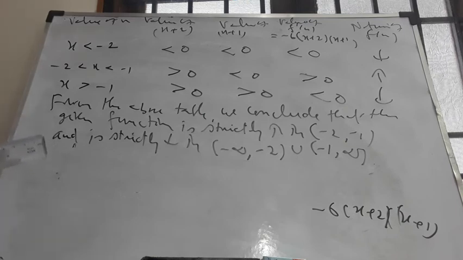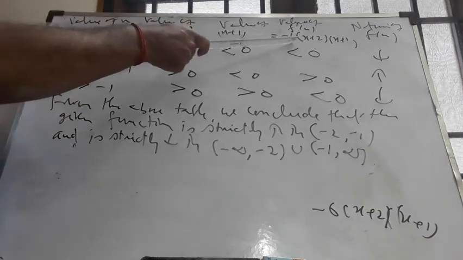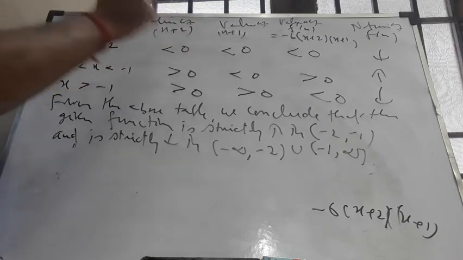Wherever we concluded decreasing, it will originally be increasing. Therefore, we have to be very careful in taking this negative sign into consideration. Without the negative sign, the answer will totally change.